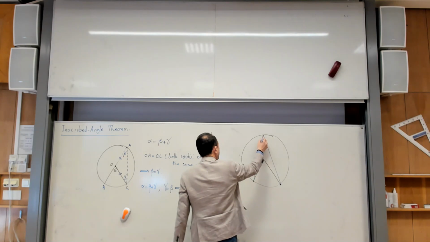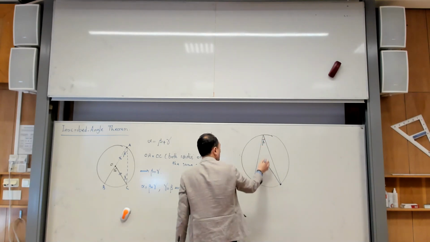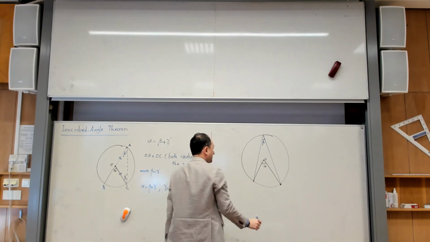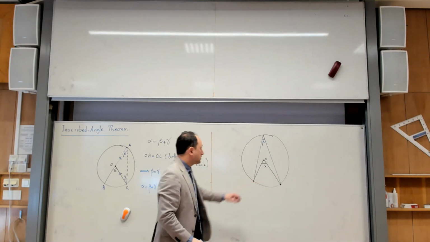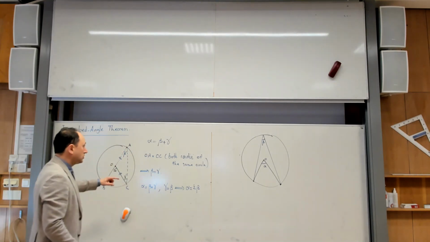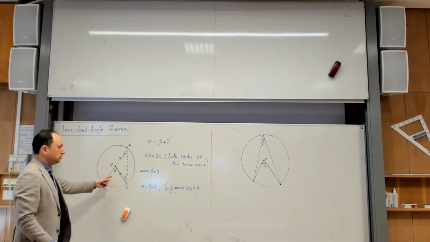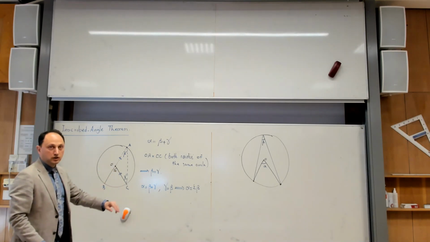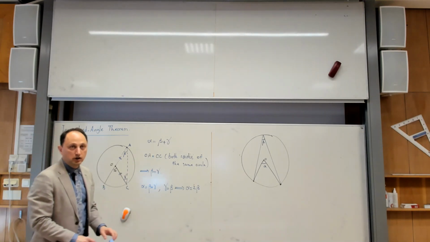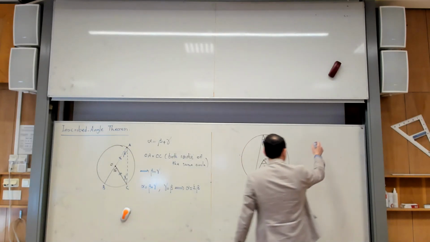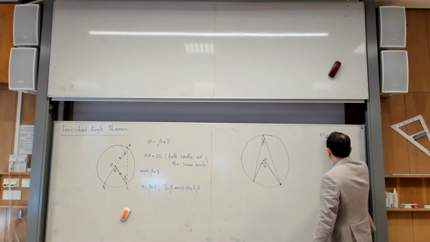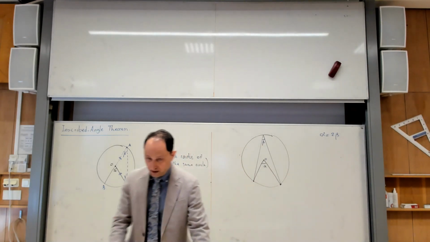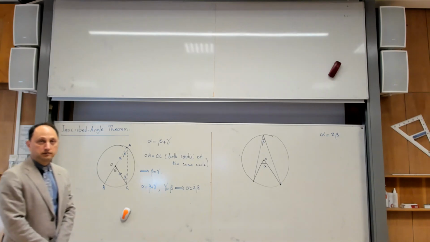I will call this as before beta. I will call this as before alpha, and this is O. This picture is different from this one, so not exactly the same idea will work, but I'm just claiming that again it is true. Alpha is still 2 times larger than beta. This is another scenario that we have to consider. Why is this true for this one as well?